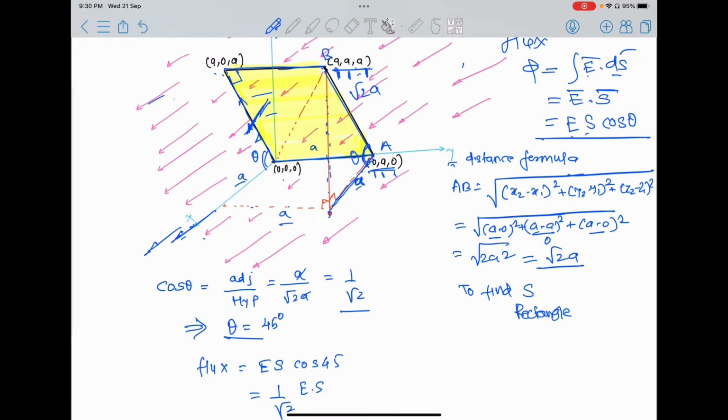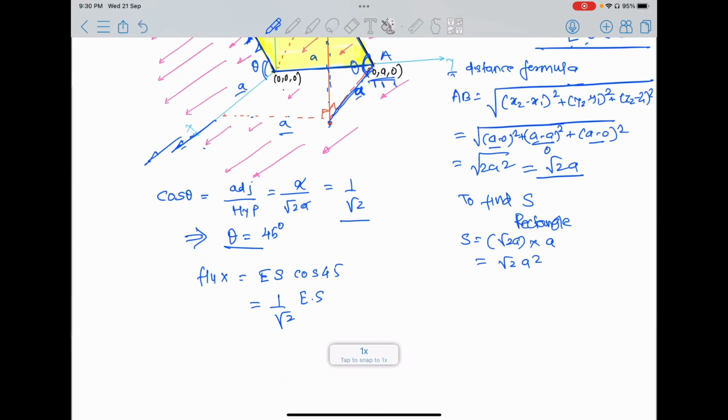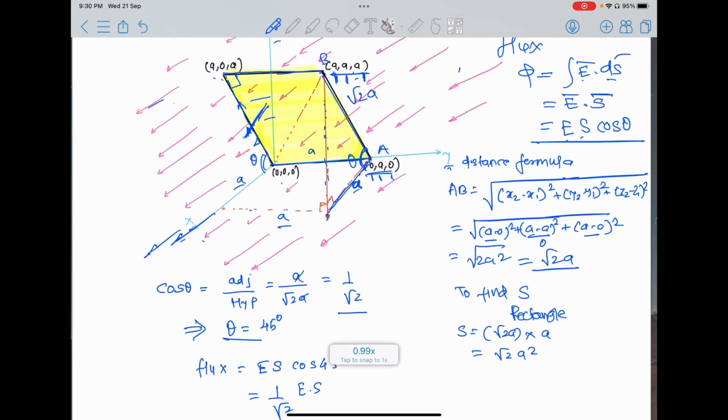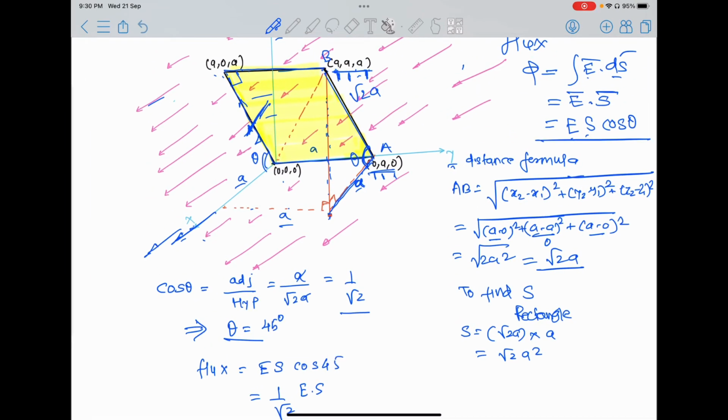One of the sides of this rectangle is root 2a, and the other side, which is the height, is a. So the total area of this shaded region is root 2a square. So flux is nothing but 1 upon root 2. And please note that the magnitude of this E bar is E naught, and its direction is taken care of with this cos theta.